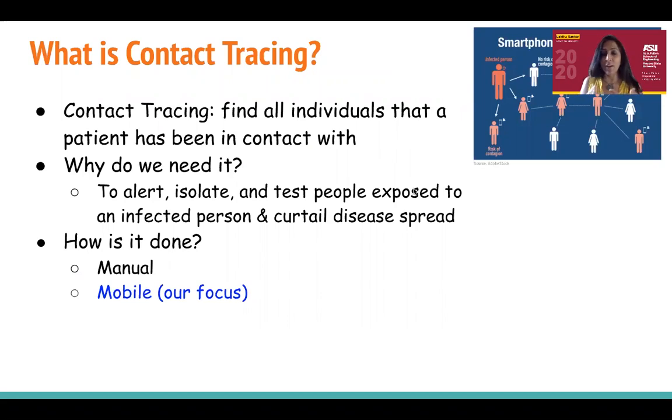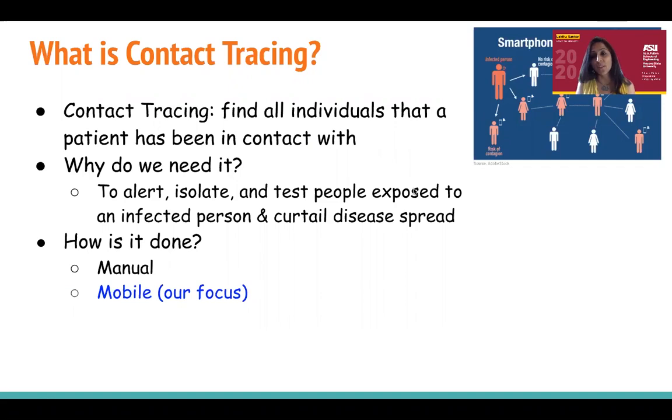Traditionally and historically, contact tracing has been done manually, and even now in the United States, it's being deployed manually in many states. That involves people going door to door to do this work of alerting, isolating, and testing people, but it can also be enhanced to track a wider spread of people than those you personally know that you came in contact with if you were infected.